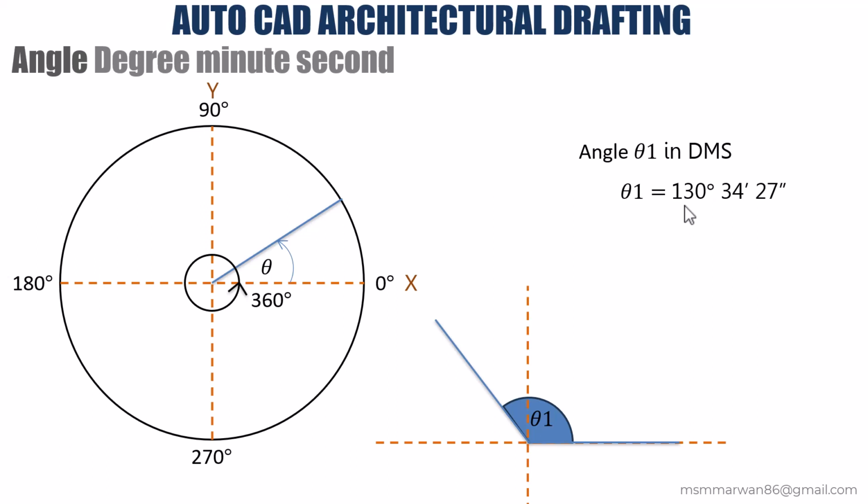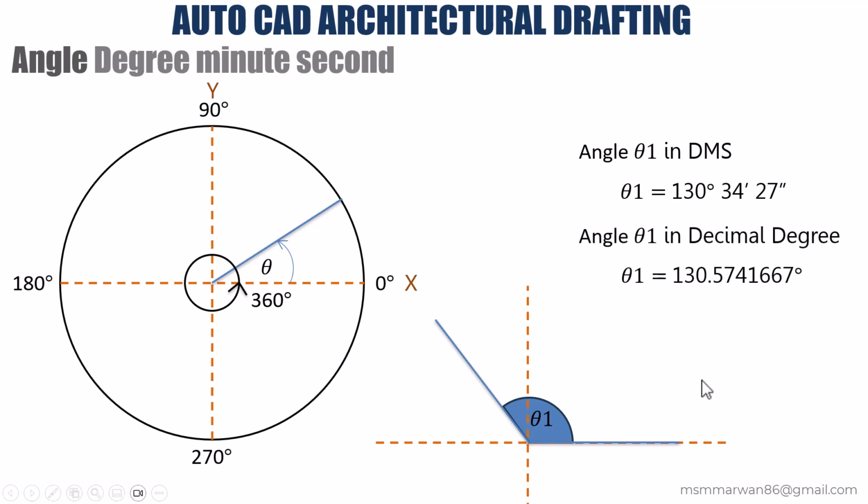That is the hour and minute representation of time. We can also say the same time, 1 hour 30 minutes, equals 1.5 hours. We say that is decimal hours. Likewise, we can also say this degree, minute, second representation in decimal degrees, like 130.5741667 degrees. Okay, that's all about the angle.